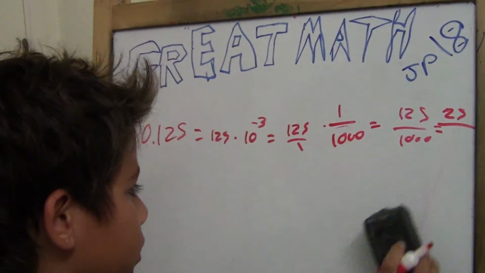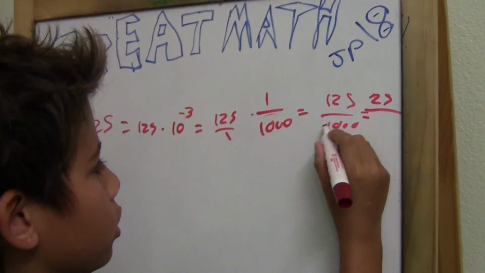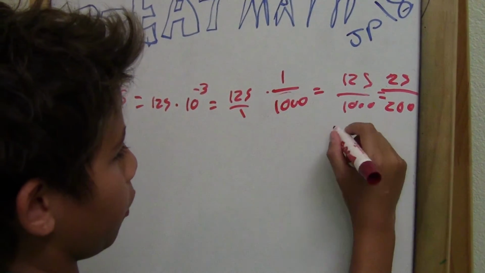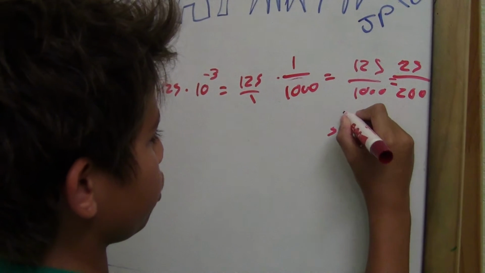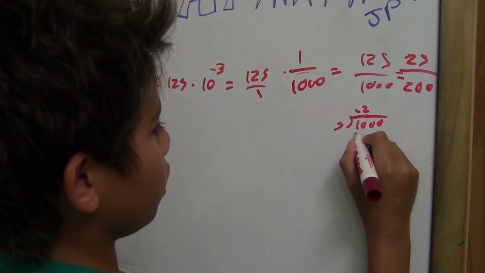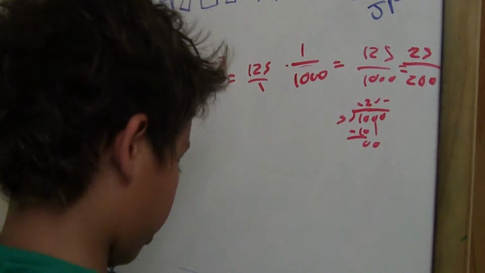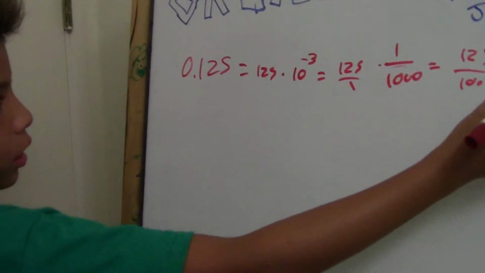Sorry, my turn is always going to get in the way. Divide 5 by here, and then it's 200. Wait, am I right? You always want to double check. I wasn't sure about that. I'm taking a risk. Yeah, okay, I'm right. Just double checking. You always want to double check.